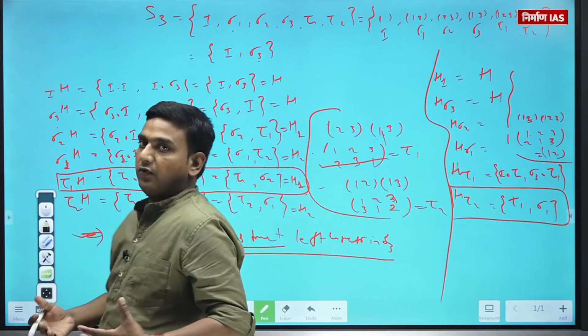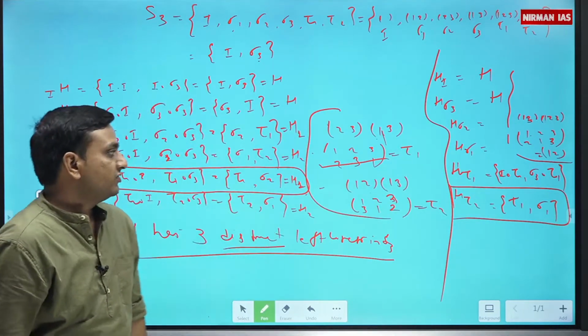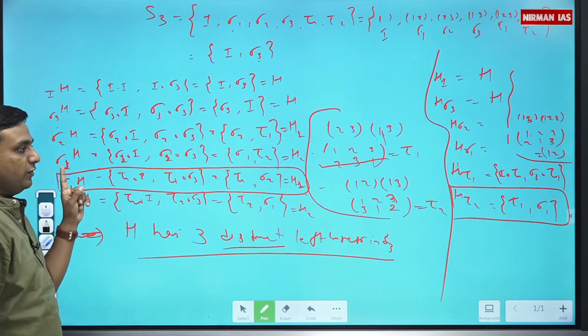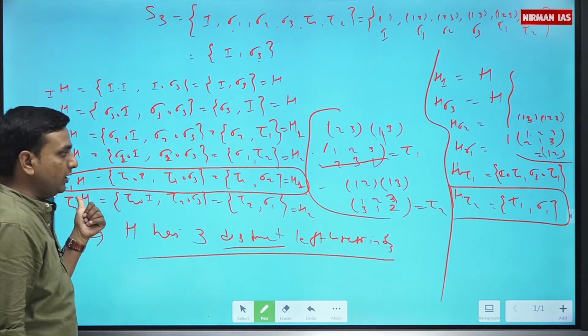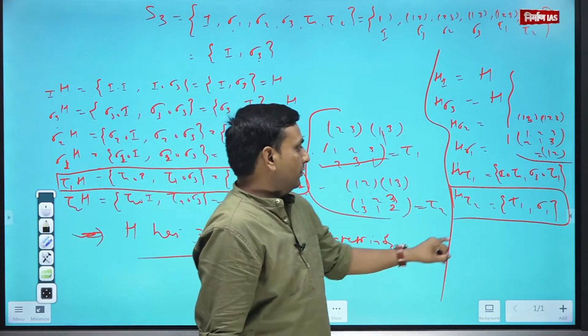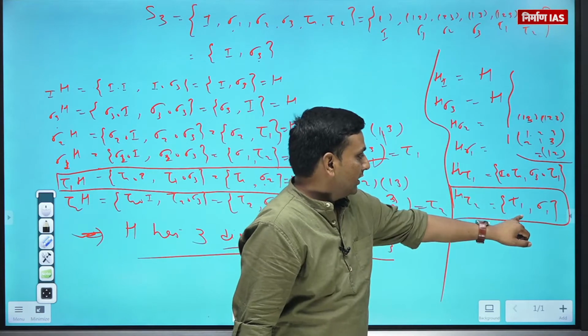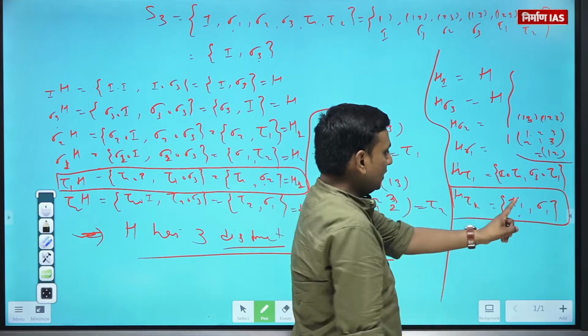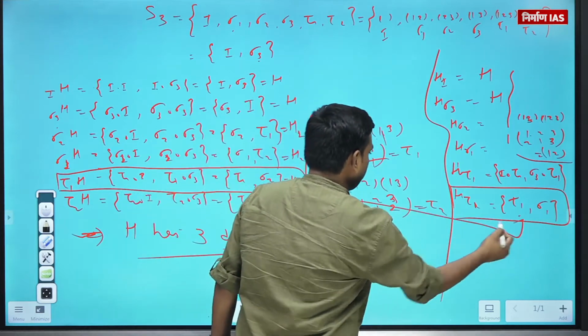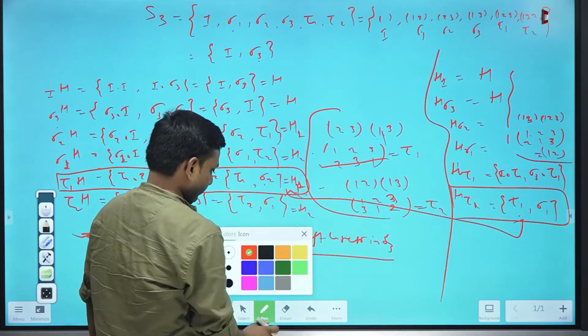why the concept of normal groups came. Check it out. Tau 1 H, the left coset of H generated by tau 1, gives you tau 1 comma sigma 2 as elements. Whereas H tau 1 is giving you tau 1 sigma 1. Check it out. These two sets are different or not?